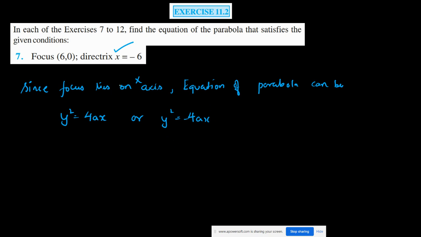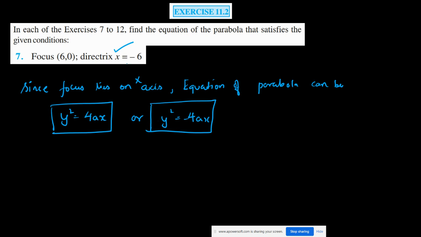If the focus was lying on the y-axis, then the equation of the parabola could have been x square = 4ay or x square = -4ay. So in this case, these two can be the equation of the parabola, but I have to be sure which one is going to be the correct one, right?